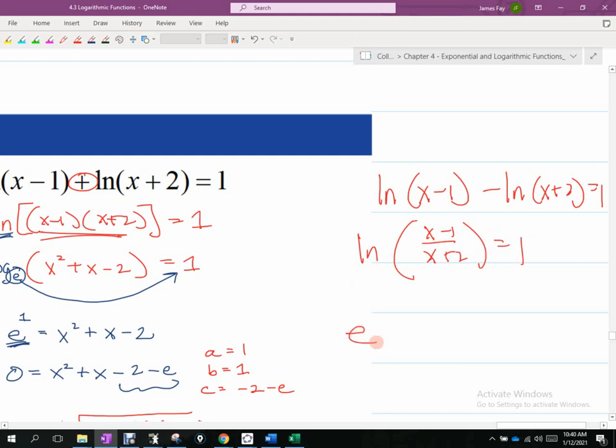So now we would have e raised to the first equals x minus 1 over x plus 2. How do I solve that? Multiply by the LCD, or cross multiply maybe if you want to use it as a proportion, and then solve for x. Does that kind of make sense?